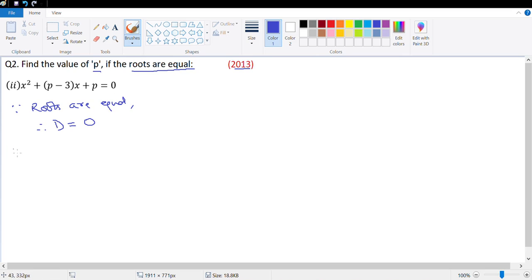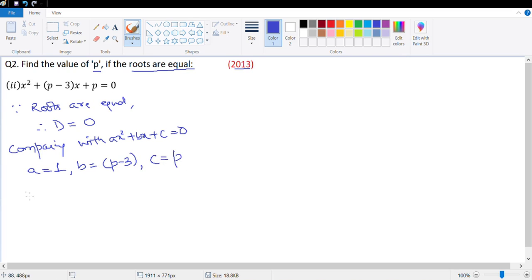Now comparing with ax squared plus bx plus c is equal to 0, we get a is equal to 1, the coefficient of x square is 1, the coefficient of x is p minus 3, and the constant is p.